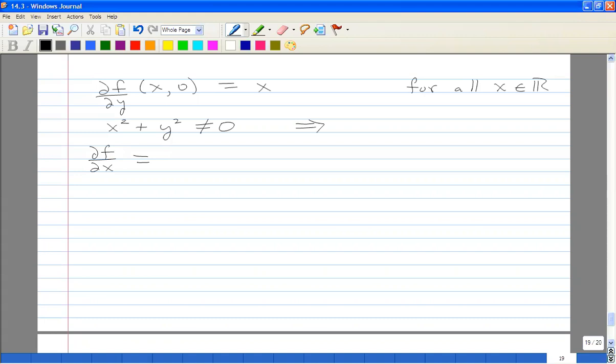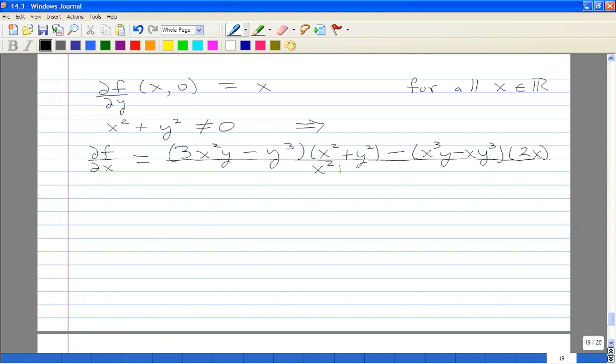Derivative of x cubed y is just 3x squared y minus derivative of x y cubed is just y cubed, times the denominator, x squared plus y squared, minus the numerator, x cubed y minus x y cubed, times the derivative of the denominator, which is 2x, all divided by the denominator squared.